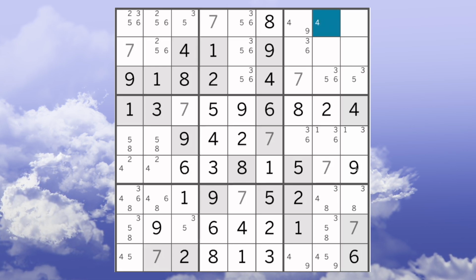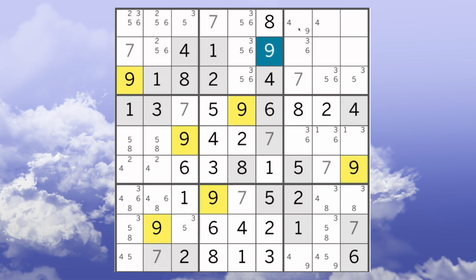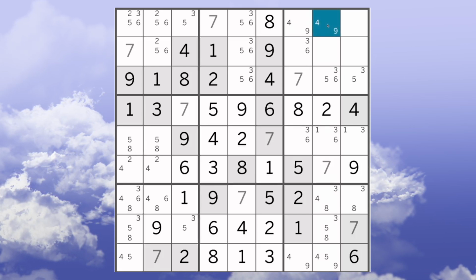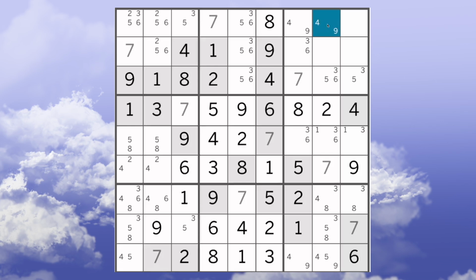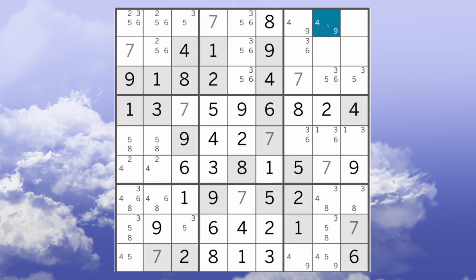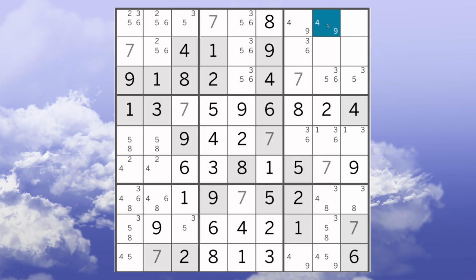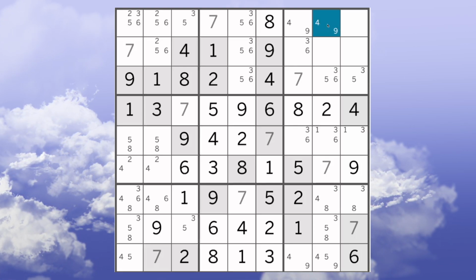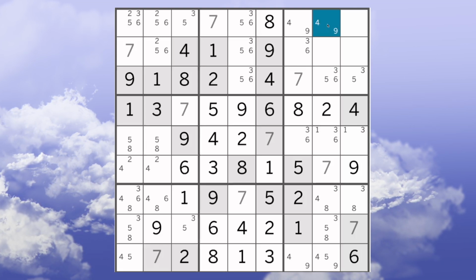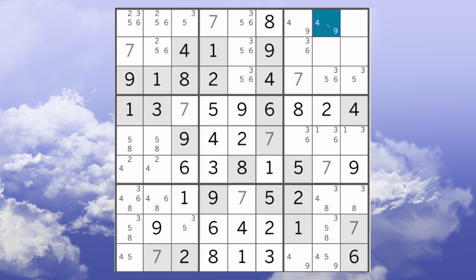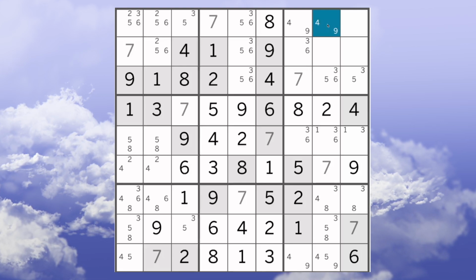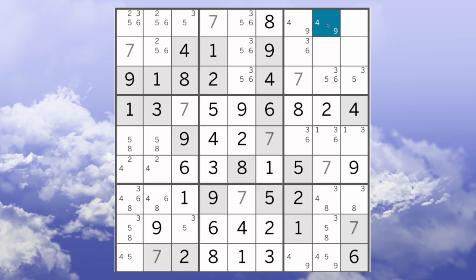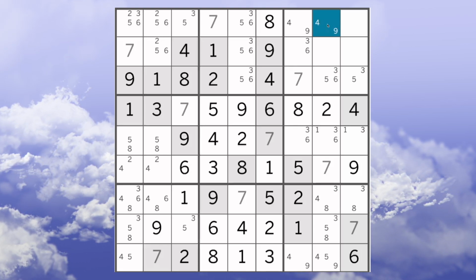Same with the 9. And a 9 here and a 9 there, so this is a pair of 4 or 9.